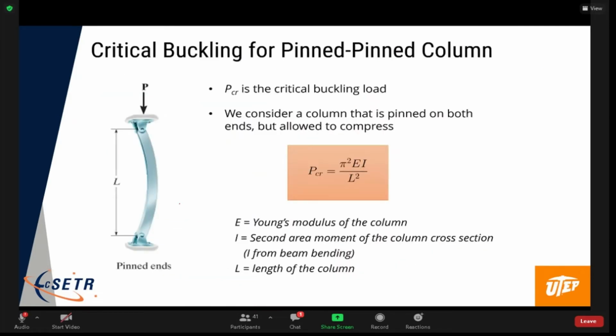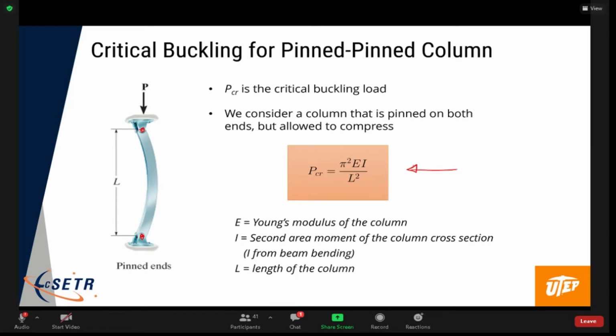Now you can do the math on this, and I won't go through the derivation, but I don't even know if it's in the book because it involves the eigenvalue problem of basically the fourth order beam bending problem. But for a column, and this is why I say this stuff is pretty plug and chug, for a column that is pinned at both ends, the critical buckling load is given as follows.